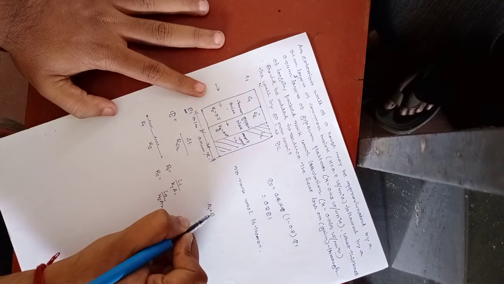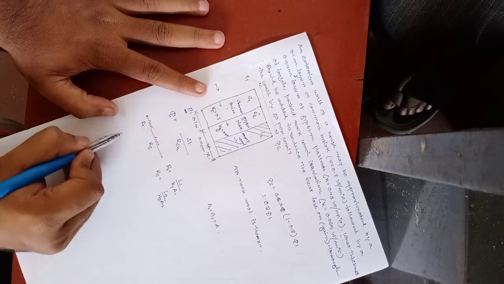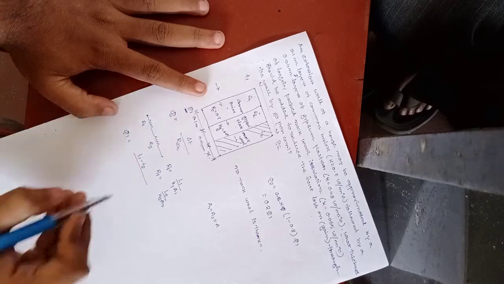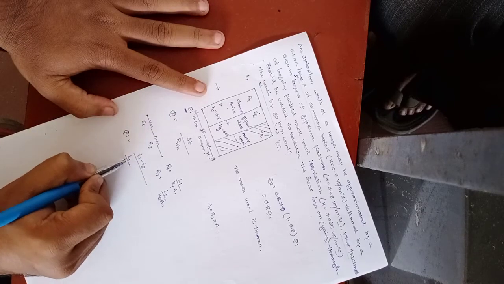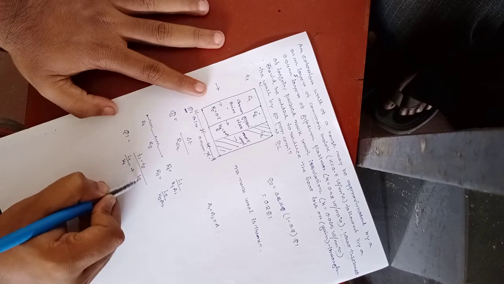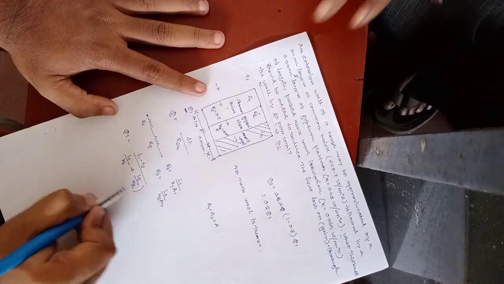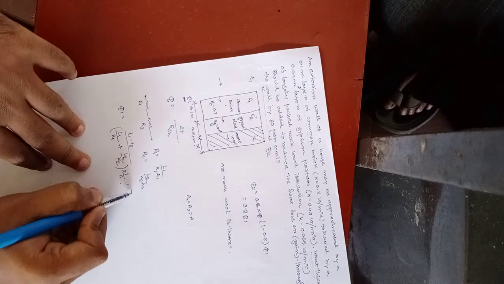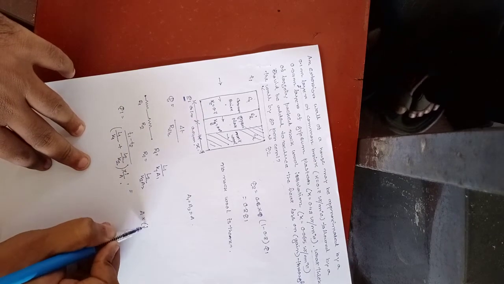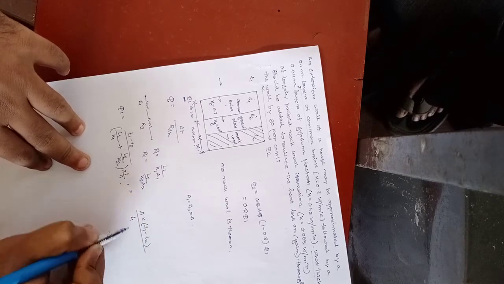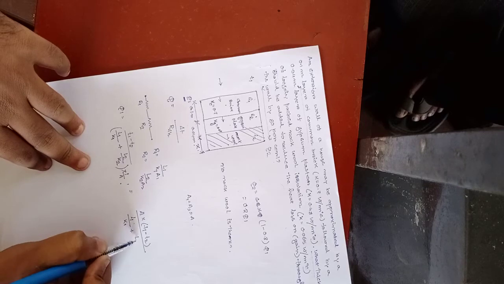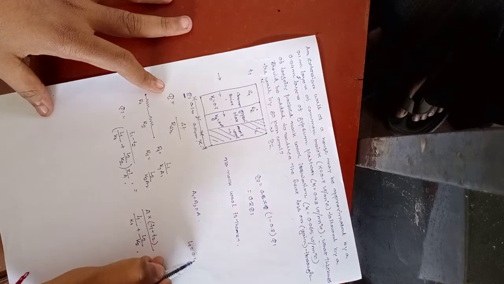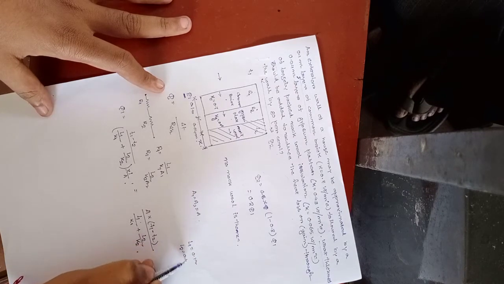So A1 is equal to A2 is equal to A. So we can say Q1 is equal to T1 minus T2 by L1 by K1 plus L2 by K2, total into 1 by A. It will be 1 by A. So you can say A into T1 minus T2 by L1 by K1 plus L2 by K2, where L1 is 0.1 meter and L2 is 0.04 meter.